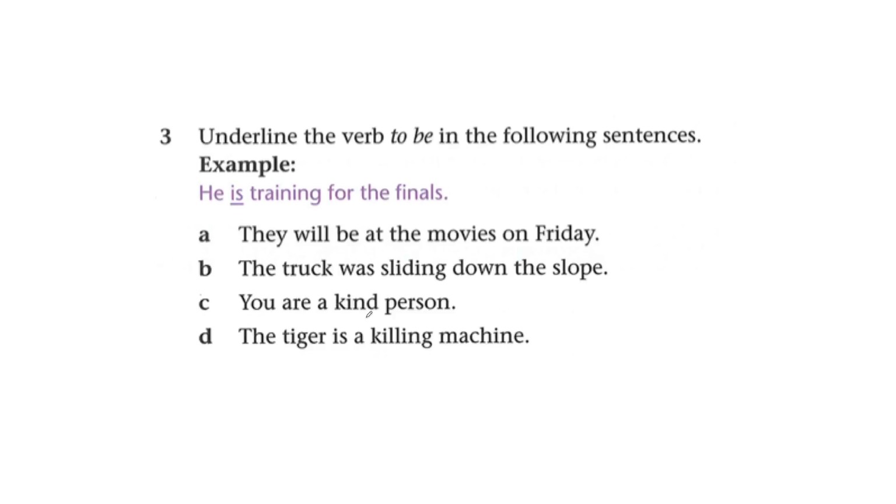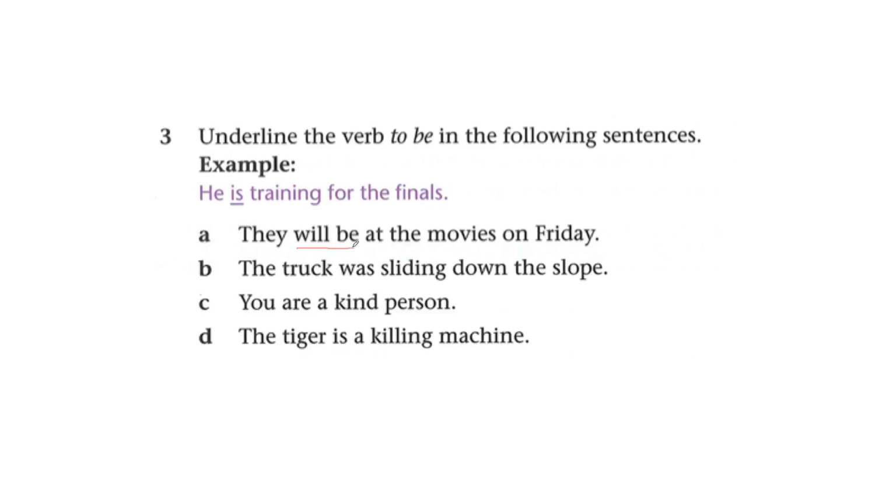In this slide here we can see the activities for question 3, and it says underline the verb to be in the following sentences. And the first one here in purple is done for us. He is training for the finals. Now the first one, and you might find this is the case for a few of the other sentences, the verb is will be.